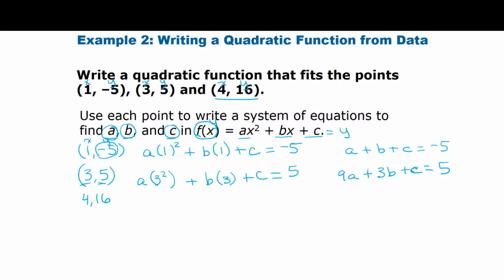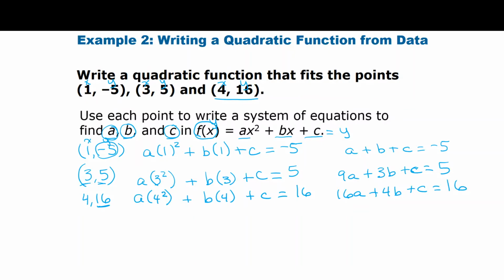All right, our last point that we have is 4, 16. Again we're going to say a times 4 squared plus b times 4 plus c is equal to 16. So 4 squared is 16, so we're going to say 16a plus 4b plus c equals 16.